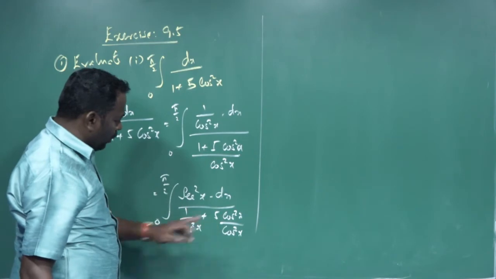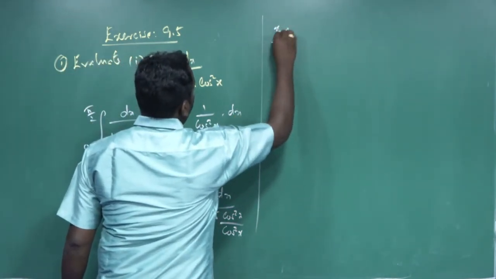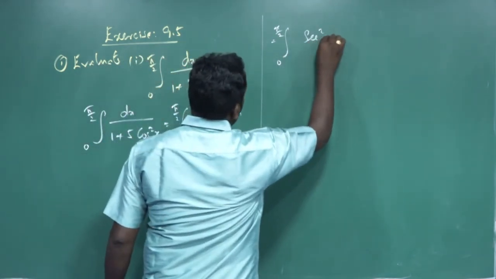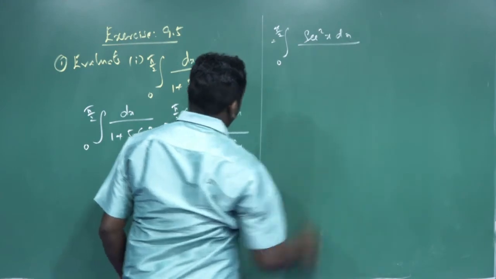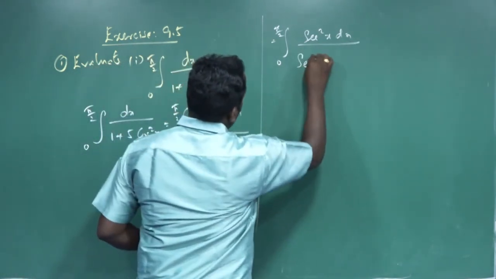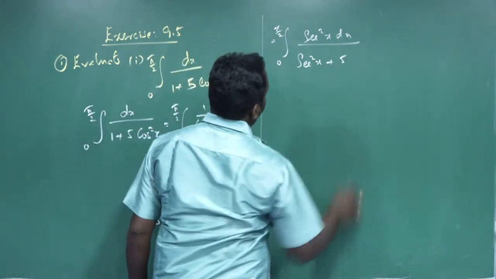So the cos square cancels. That is equal to the integral from 0 to pi by 2 of secant square x dx as it is, since 1 by cos square equals secant square x. Then cos cancels, remaining 5.